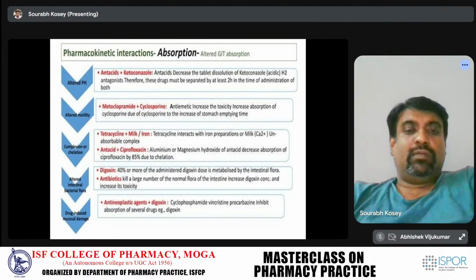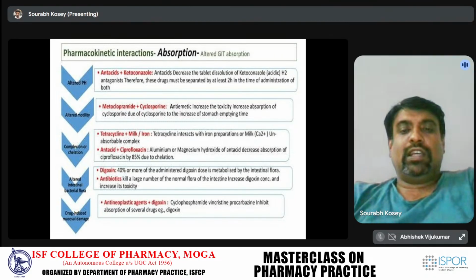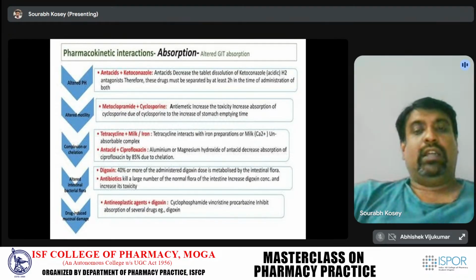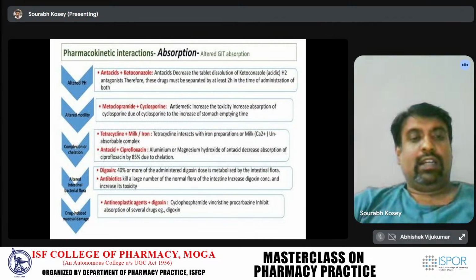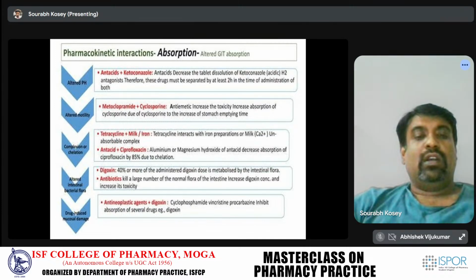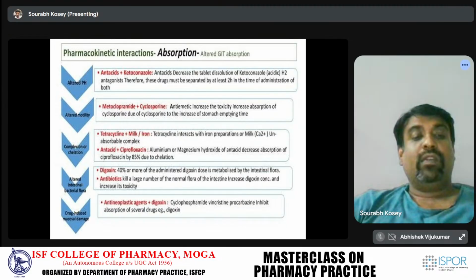Complexation or chelation: tetracycline interacts with calcium ions and an unabsorbable complex occurs. Likewise, with antacid and ciprofloxacin, aluminium or magnesium hydroxide of the antacid decreases absorption of ciprofloxacin. Digoxin: 40% or more of the administered digoxin dose is metabolized by the intestinal flora.